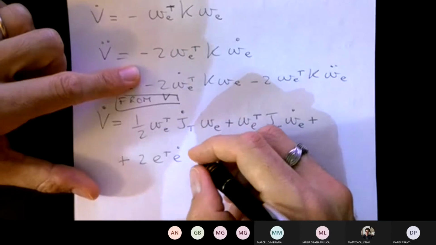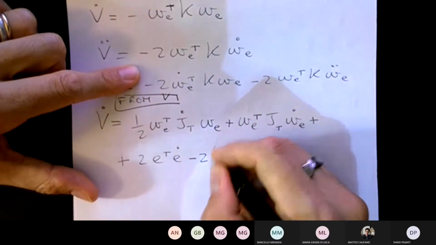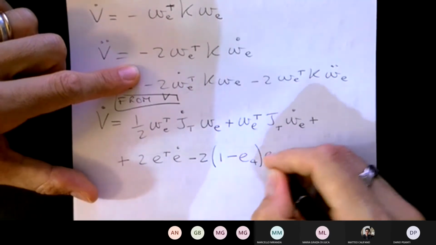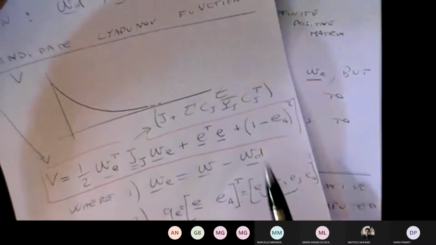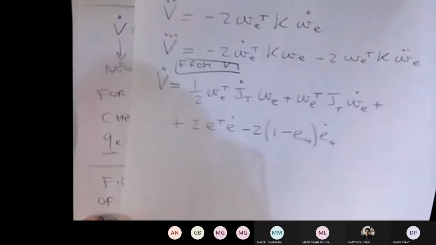Then I have minus 2, 1 minus E4, E4 dot. This is the time derivative of 1 minus E4, everything squared. All right.